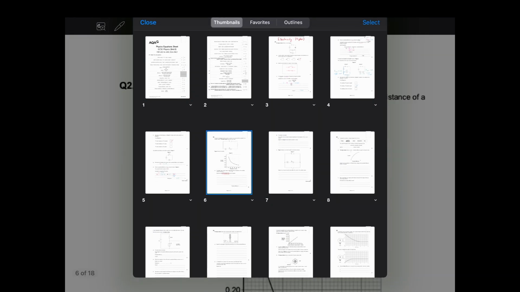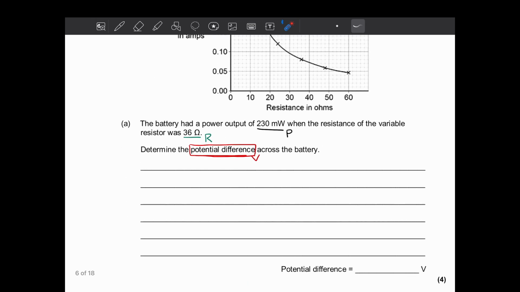Now, going back to our working, I'll write a potential difference V equals I, current, multiplied by resistance R. I'm going to then put in the values that I have. So I don't have a value for current, but I do have a value for resistance of 36 ohms.